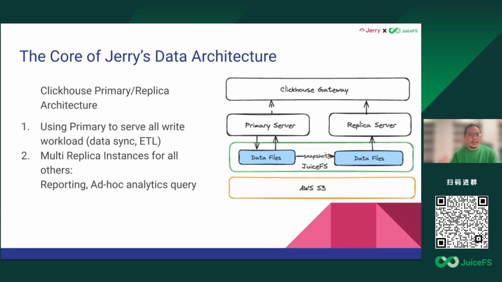In terms of usage, there's no difference compared to the ClickHouse we usually understand. All data updates occur on the master instance, and the slave instance provides query capabilities. This is the way we utilize it in real-world scenarios.